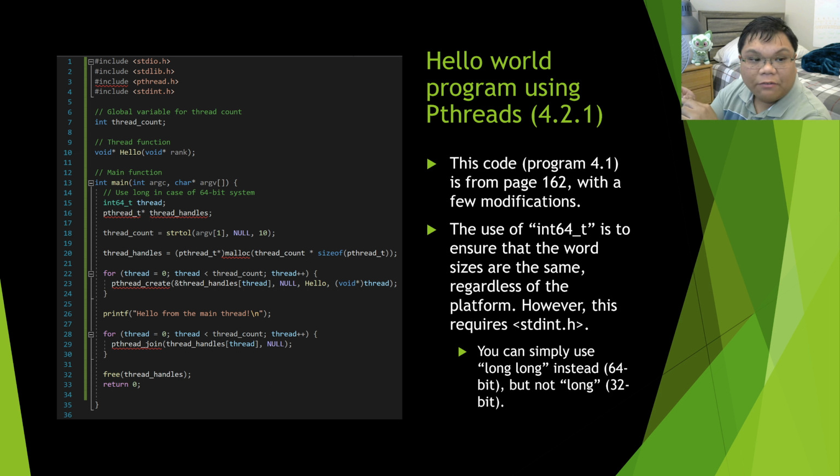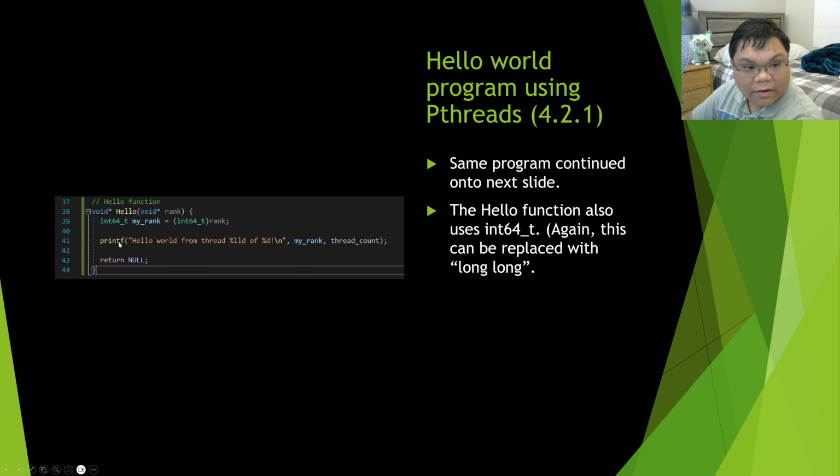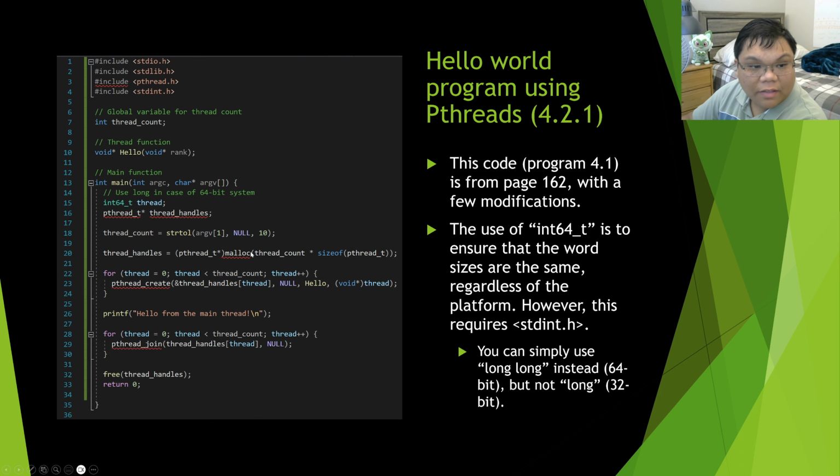In the textbook, it was using a long as the data type for thread here, and also rank here. But to make sure there wasn't any ambiguity over what long meant, because on some systems, int is 16 bits, not 32 bits as we might think it is. Long int is 64 bits, or at least that's what we think it should be.